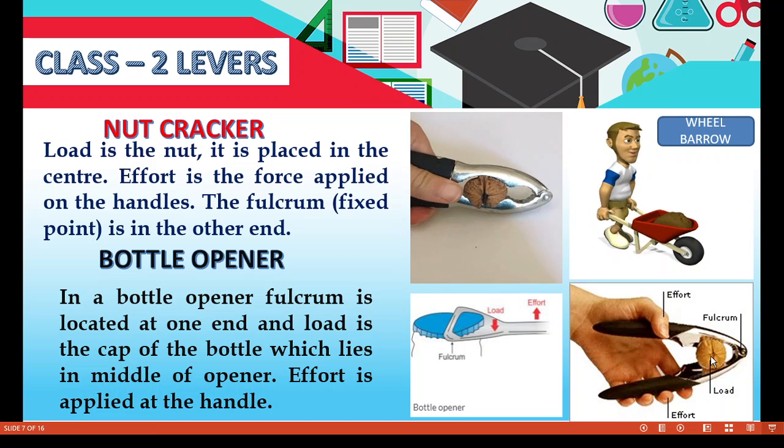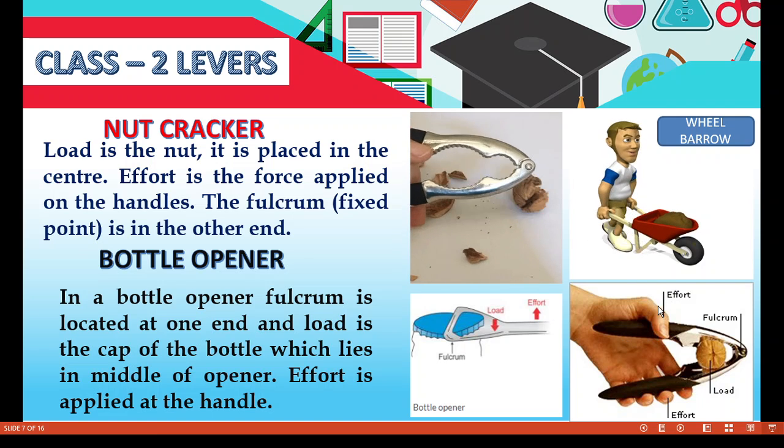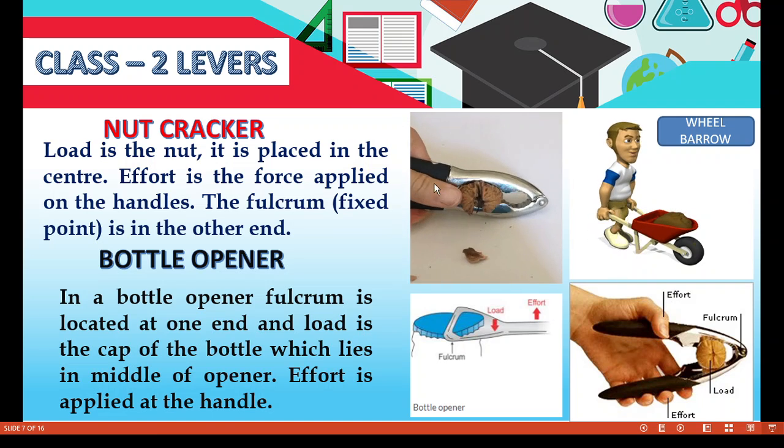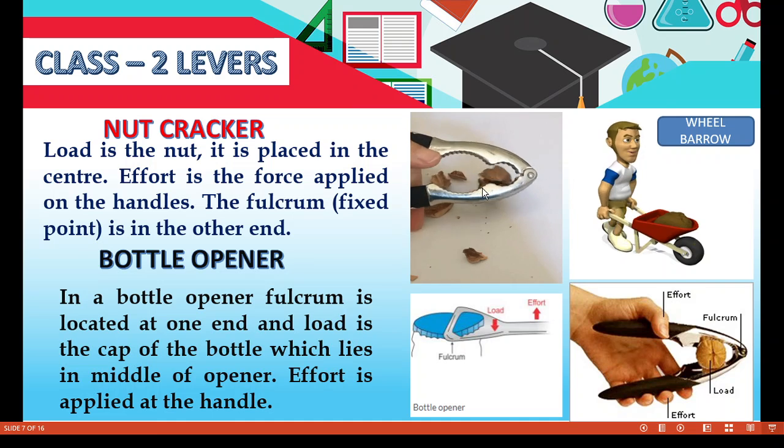And the nut, for example a walnut, is placed at the center. The walnut is considered as a load, and the force that is applied on the handles is the effort. Look at this, a man is applying a huge force at the handles, and thereby the nut is cracked into pieces.